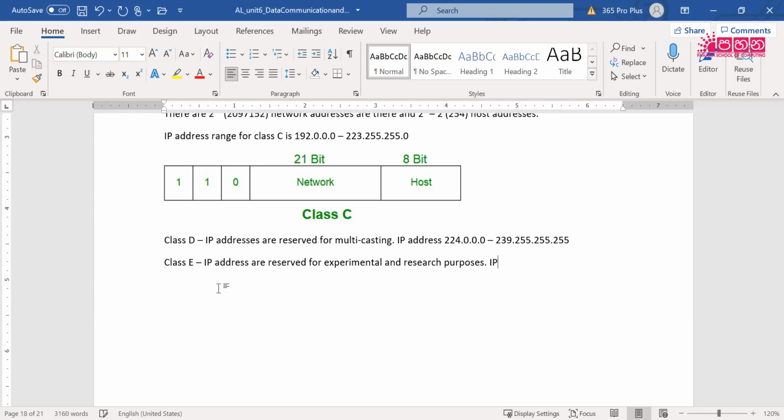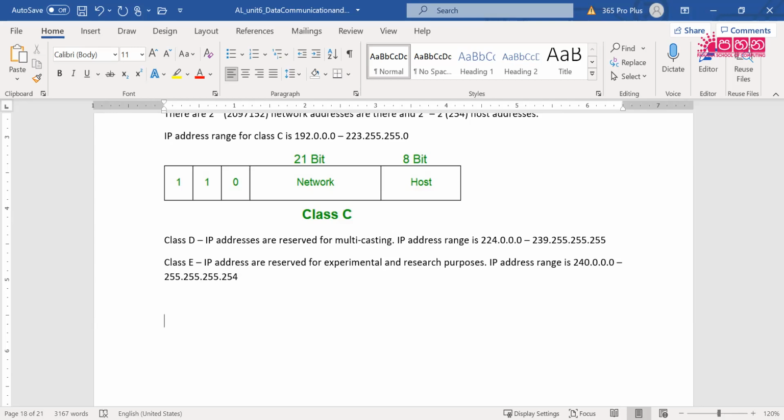So the IP address range, it starts with, for E class, 240.0.0.0 to 255.255.255.254, right?